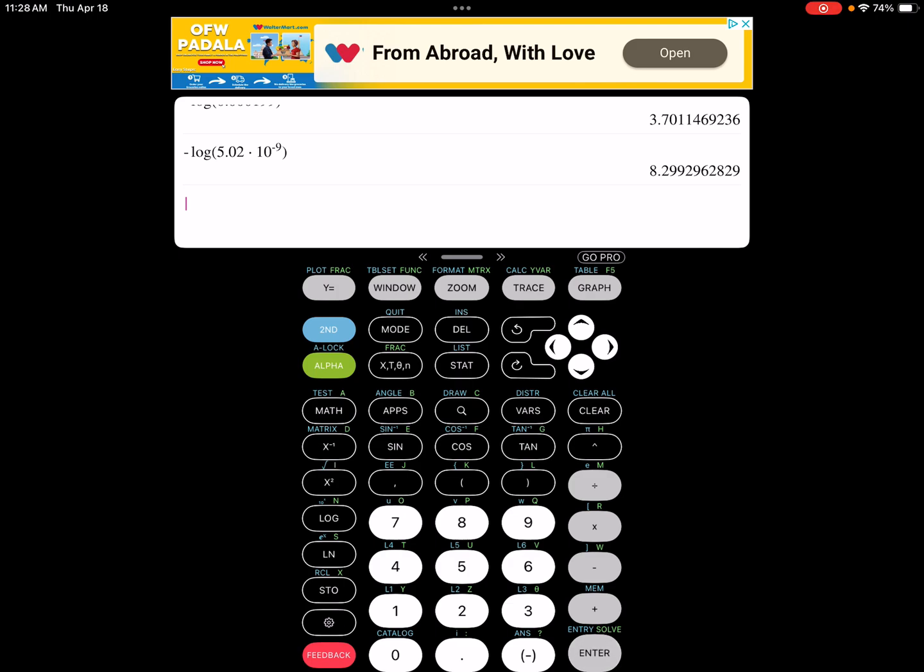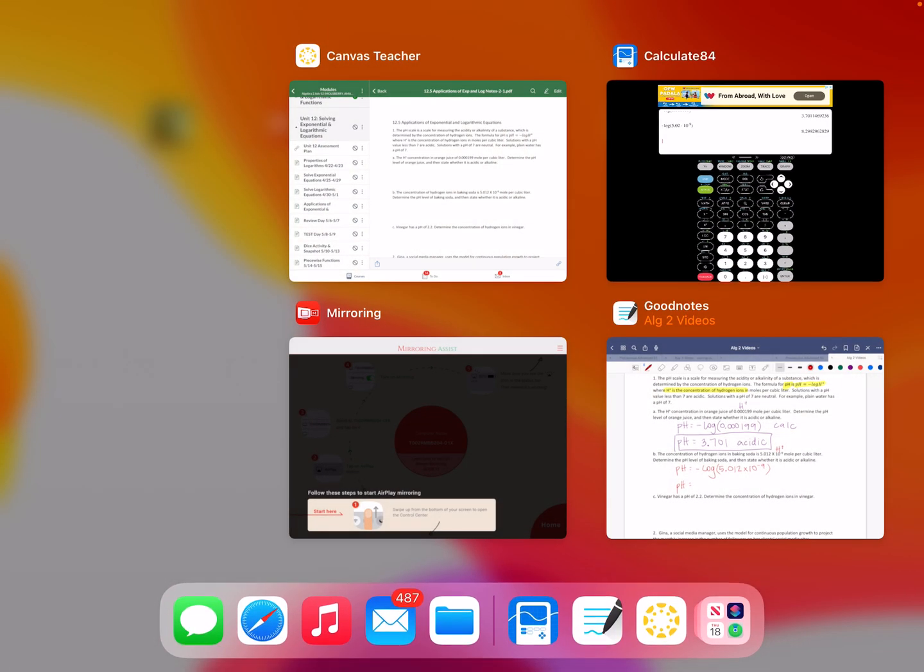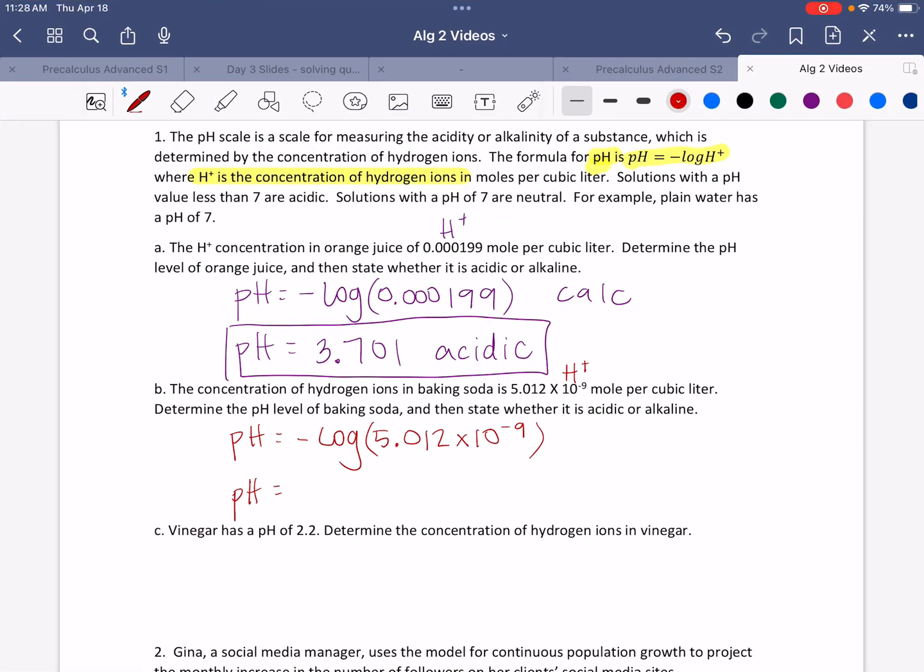Oh, and I get 8.2992. So I guess I'm going to stick with 8.299. And that's bigger than 7, so it's not neutral, it must be alkaline.